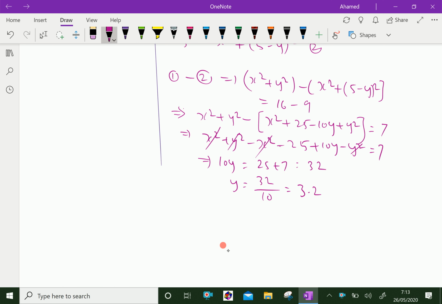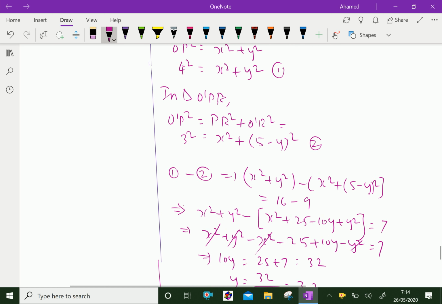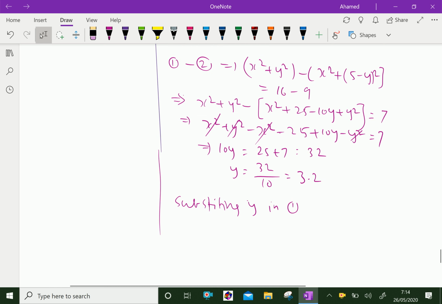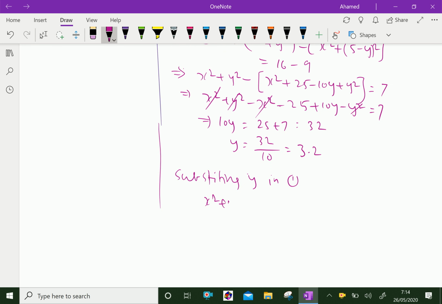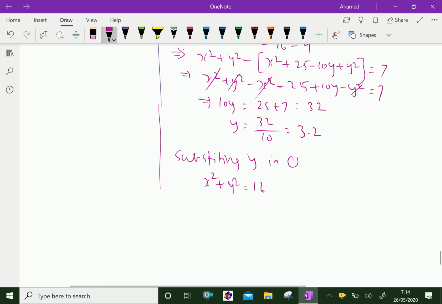Now substituting the y value in equation 1, x square plus y square is 16. Then x square plus 3.2 square equals 16.